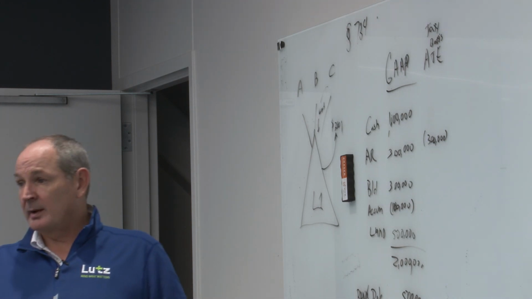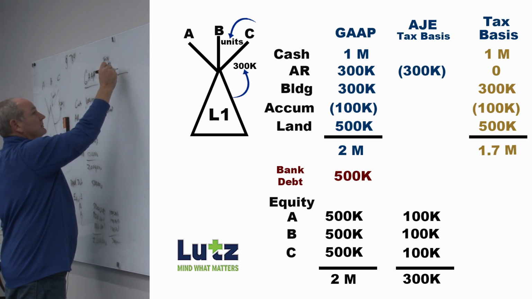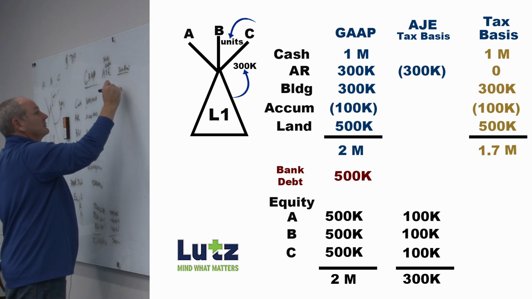So there is no M1 for tax depreciation. Book equals tax. Okay? So now, step one was to get it to tax basis, right? Yes.